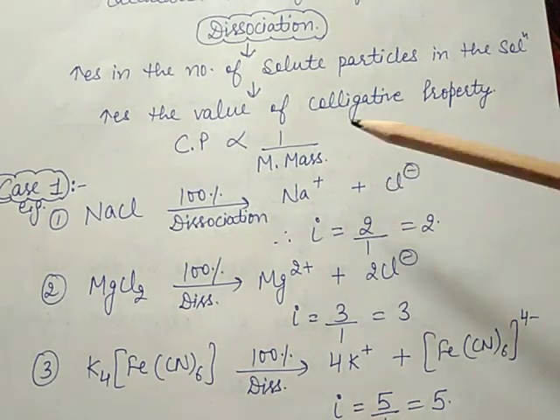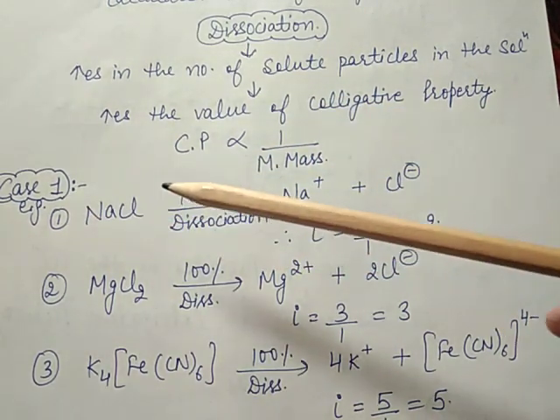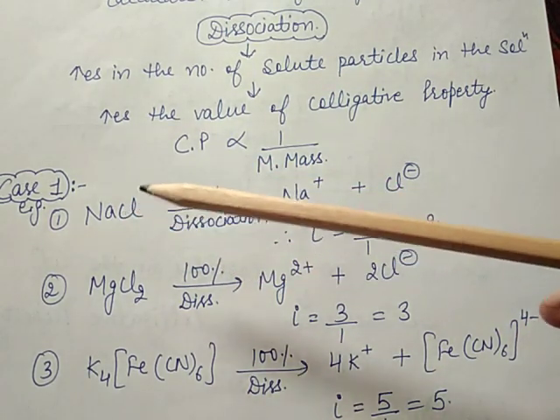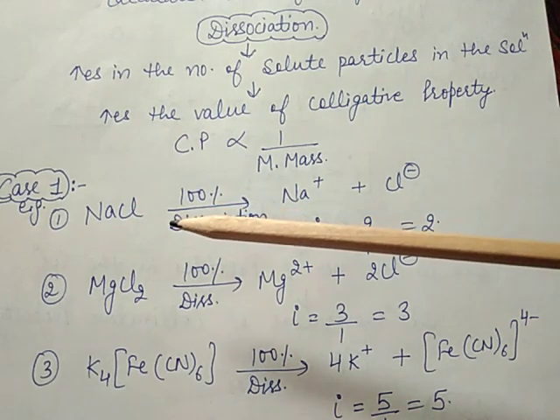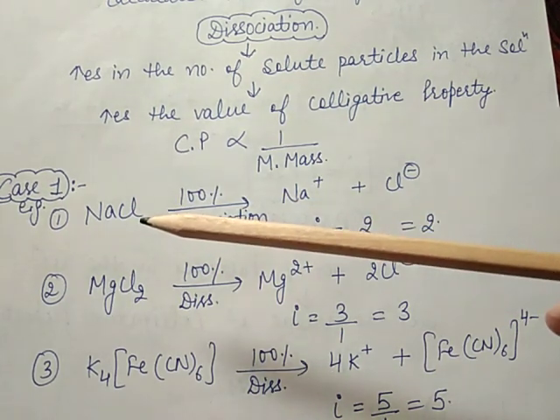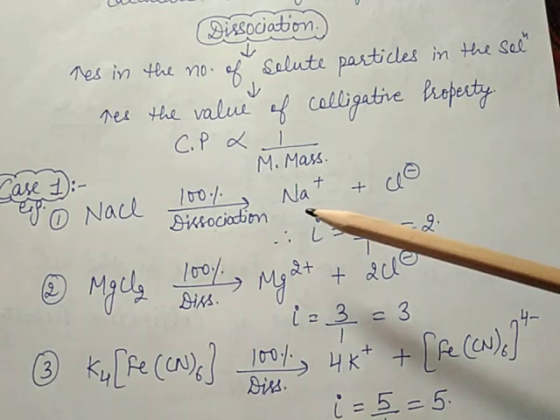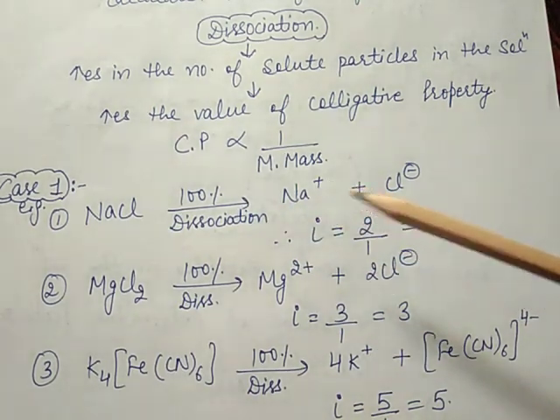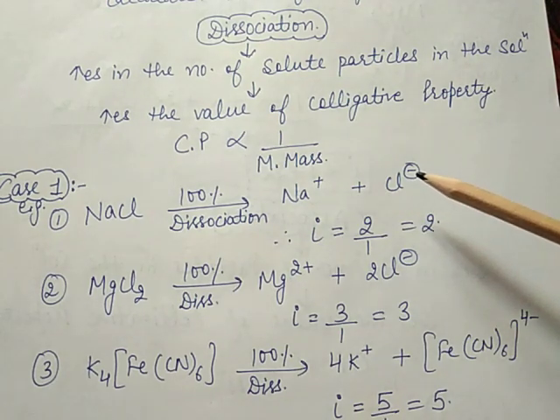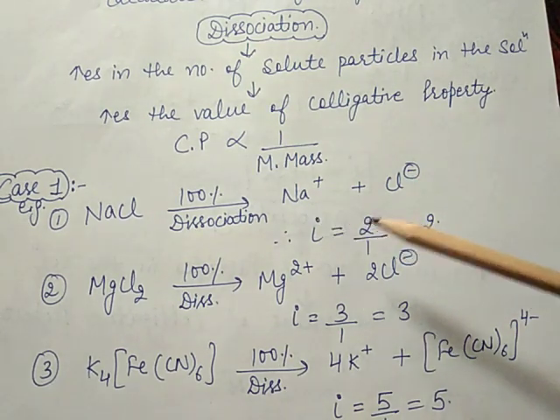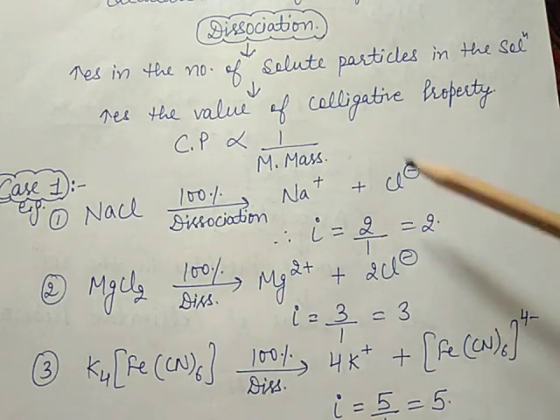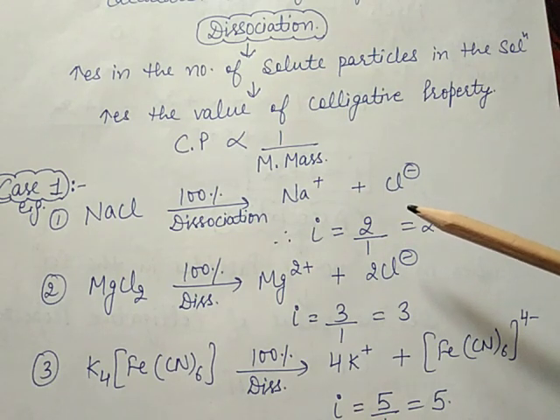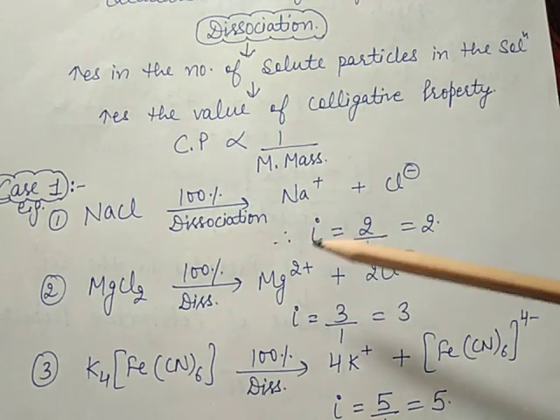Here we take one example. Case number 1. If 100% dissociation takes place, NaCl is an electrolyte which when dissolved in water dissociates into ions, means it 100% dissociates, Na positive and Cl negative. There would be double the number of particles if it completely dissociates.